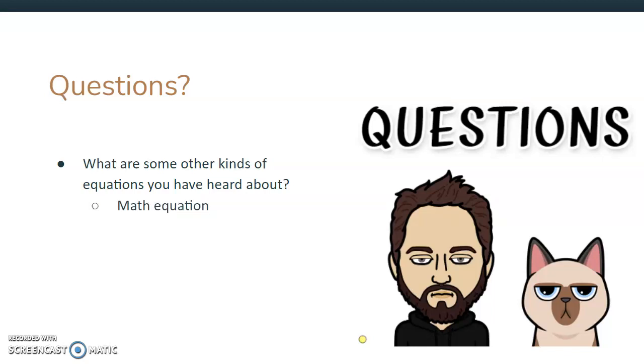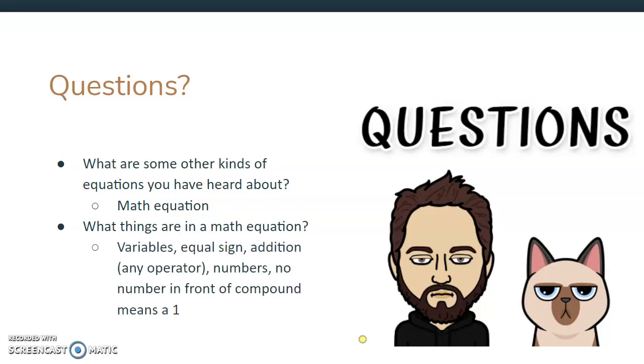I think of math equations when I hear equation, and so we are going to be drawing a lot of similarities from them. So what things are in a math equation? When we think about them, I like to think about some variables, maybe an equal sign, and maybe an addition or any kind of operator: addition, subtraction, multiplication, or division.